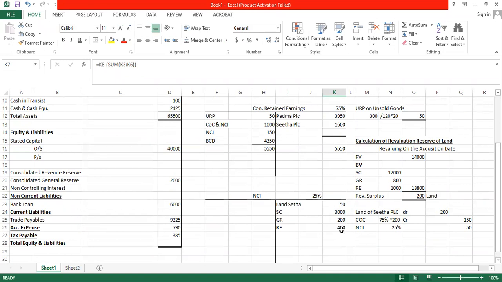Total is 400. Right? That's how this 400 comes. But we take it using the total retained earnings. It's easy. But there's a difference, I think.